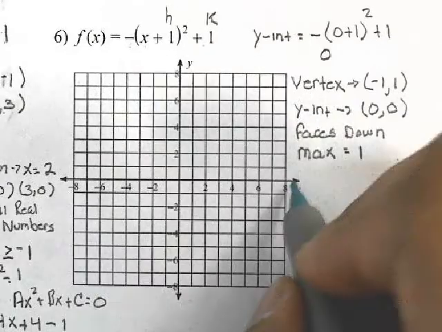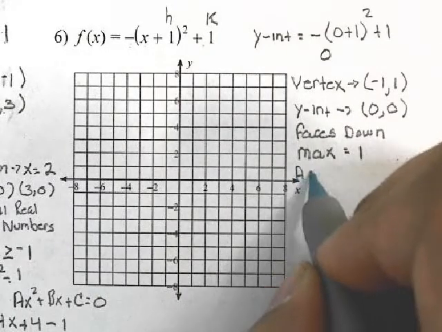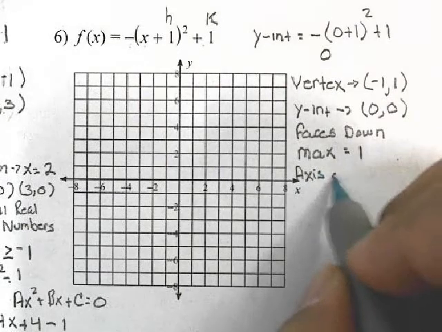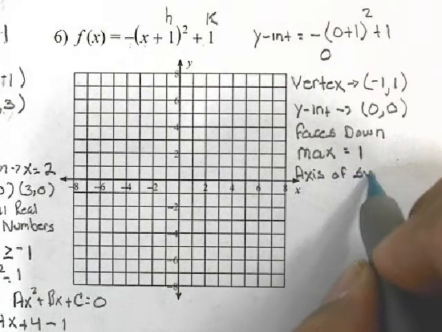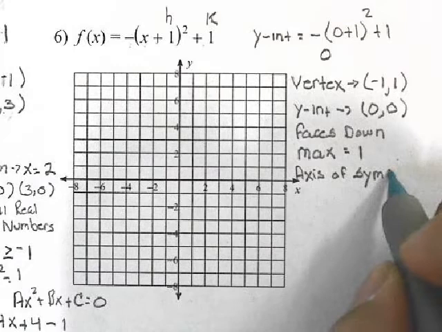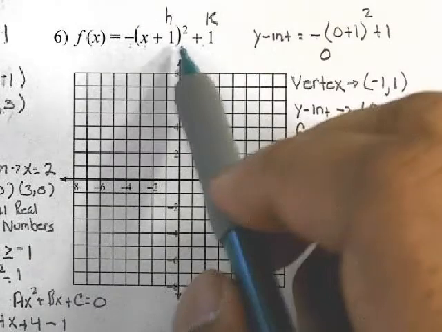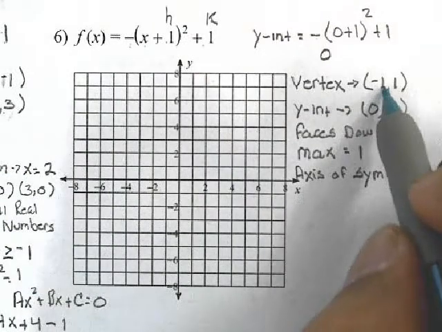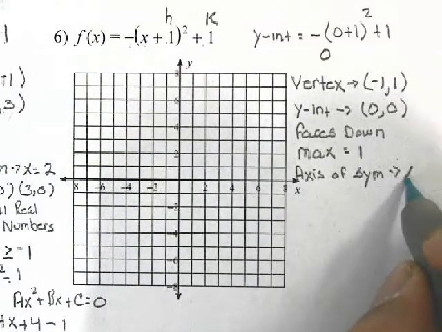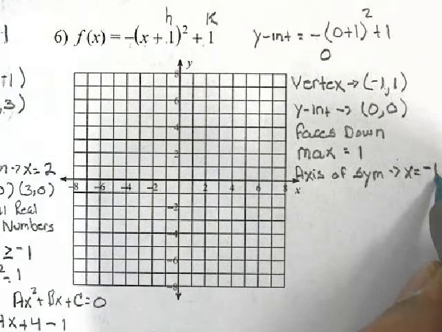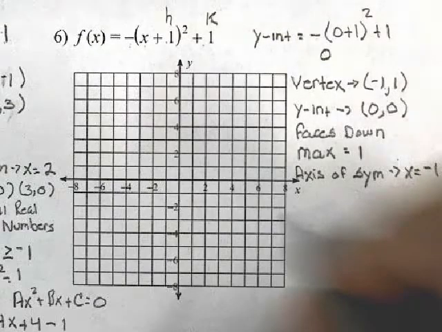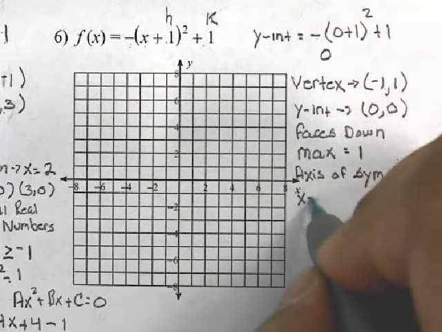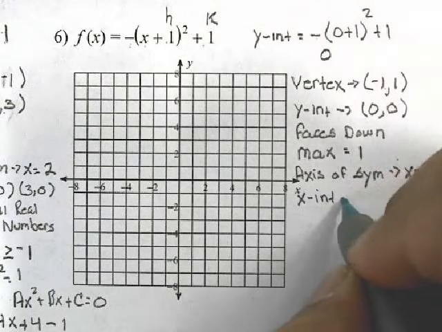Now, our axis of symmetry is x equals h. h in this case is -1. So x equals -1. Next thing we'll find will be our x-intercepts.